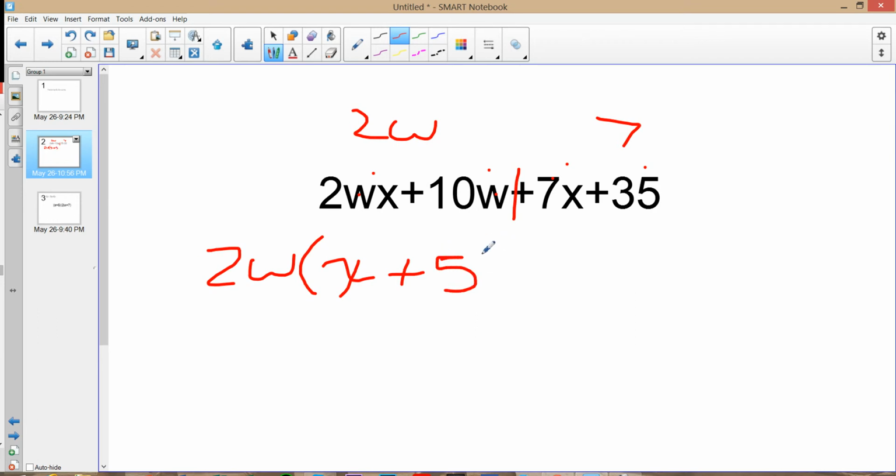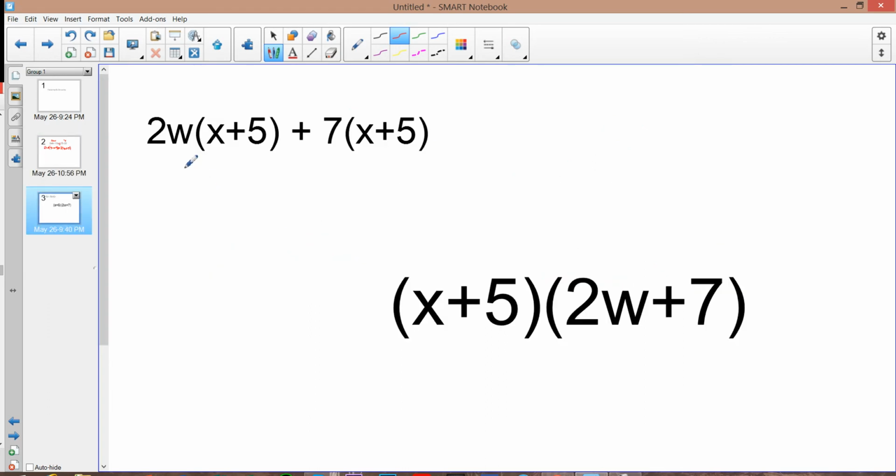So 2w times x plus 5, plus, here we're left with taking out 7 from this term. Sorry, my bad. You have the 7 and in brackets x, and taking the 7 from 35 leaves you with plus 5. And we're practically done, but can you factor any further?